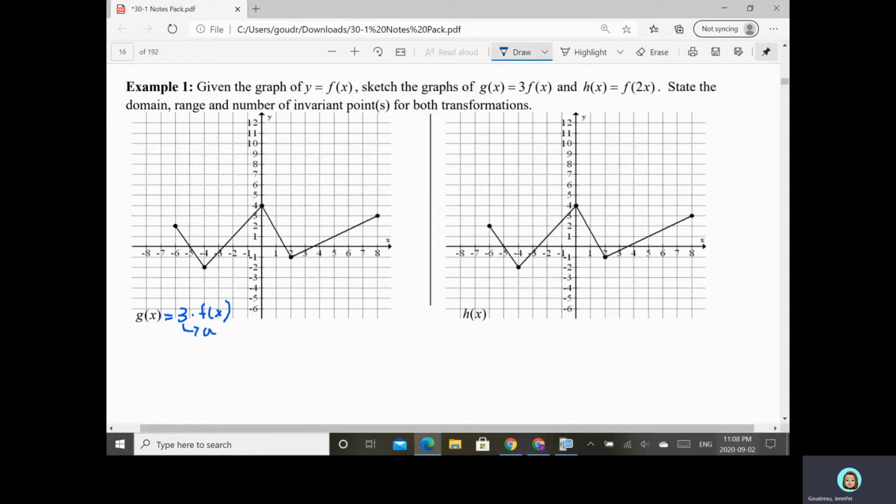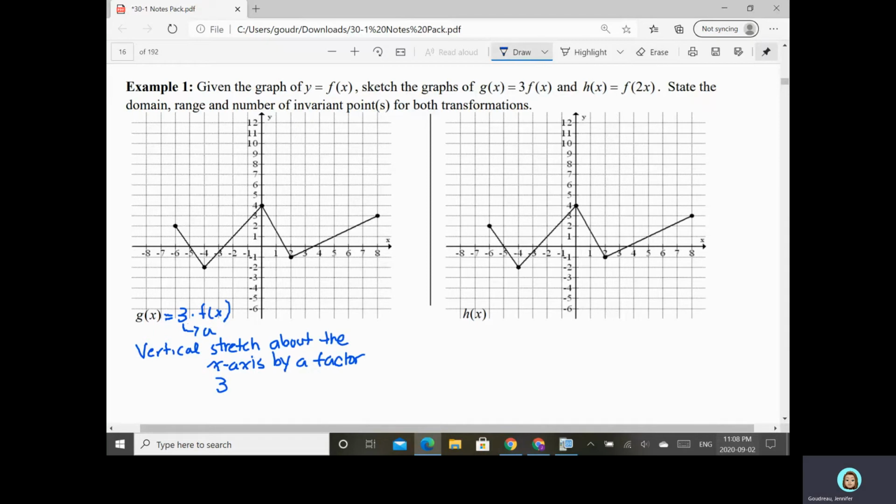That means that g of x is representing a vertical stretch about the x-axis by a factor of 3. In other words, this is going to get 3 times taller.